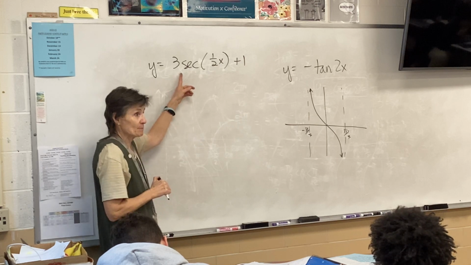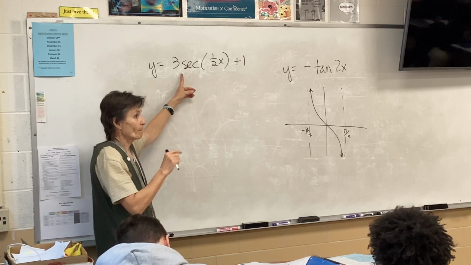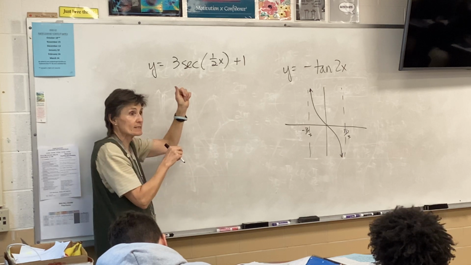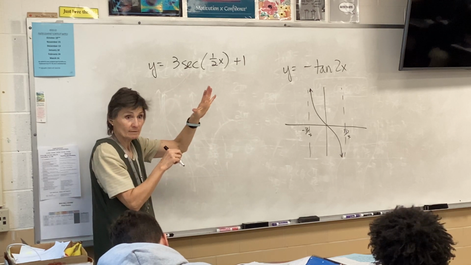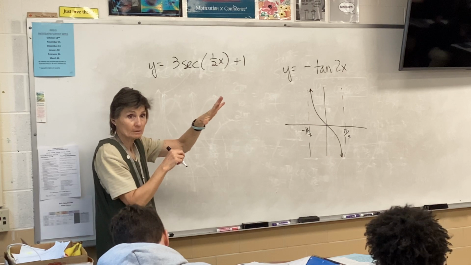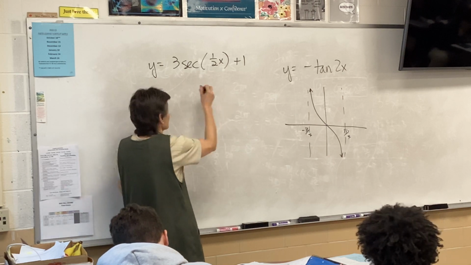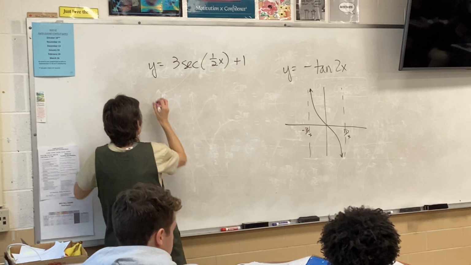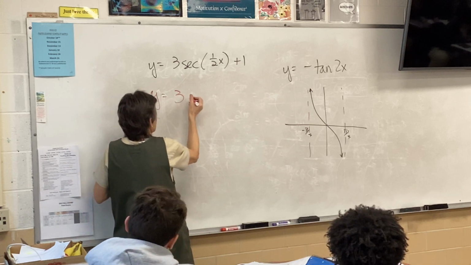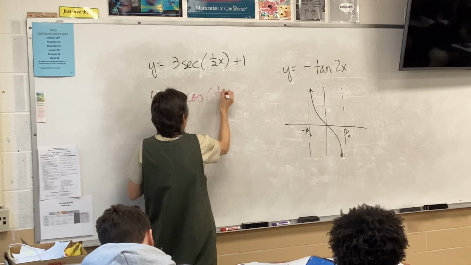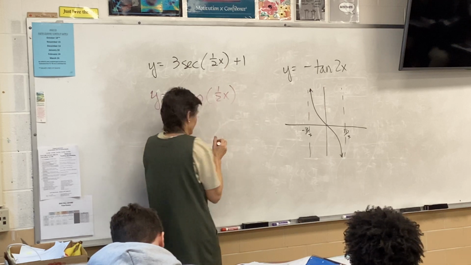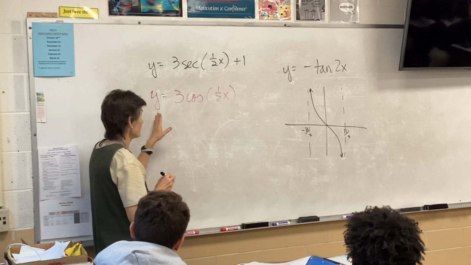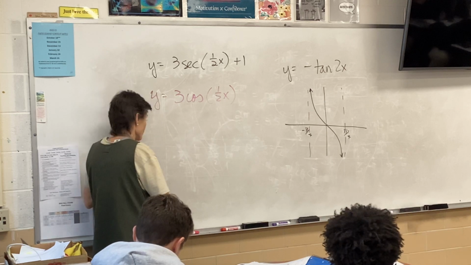I know I've multiplied by 3, and for my cosine picture, that means the amplitude is now 3. I'm gonna start with a cosine here. So in pink, I'm gonna graph 3 cosine 1/2 x. Start with that. Now, we should be able to do that. I'll do that in pink.